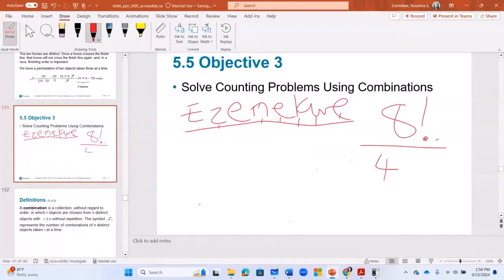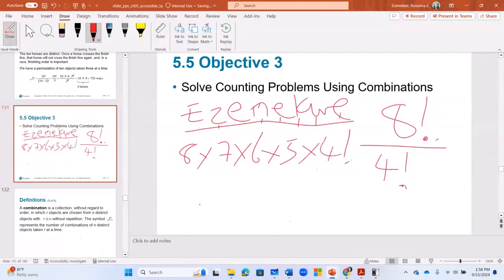Any letter that repeated, you have to divide by that factorial. If none of them repeats, you just have 8 factorial. So now I can say 8 times 7 times 6 times 5 times 4 factorial, divided by 4 factorial. The 4 factorial cancels.